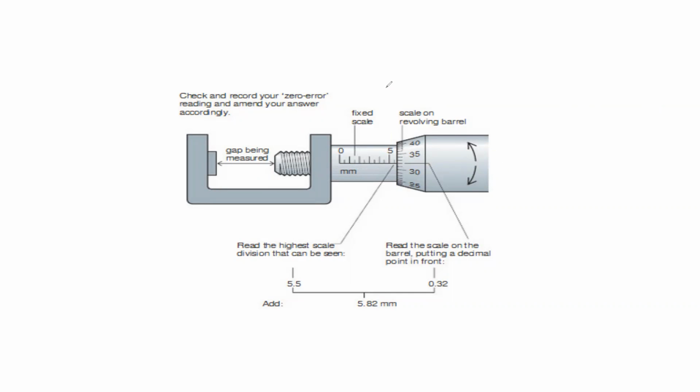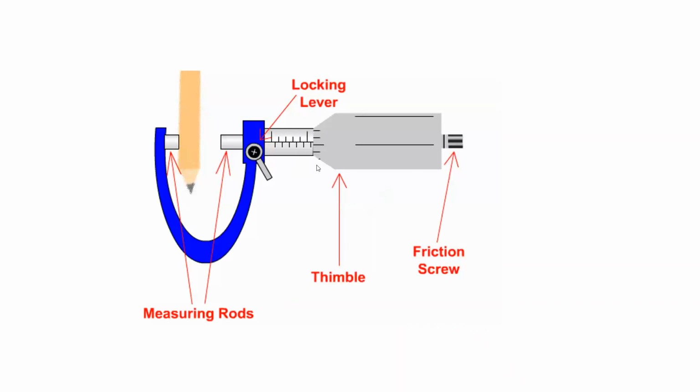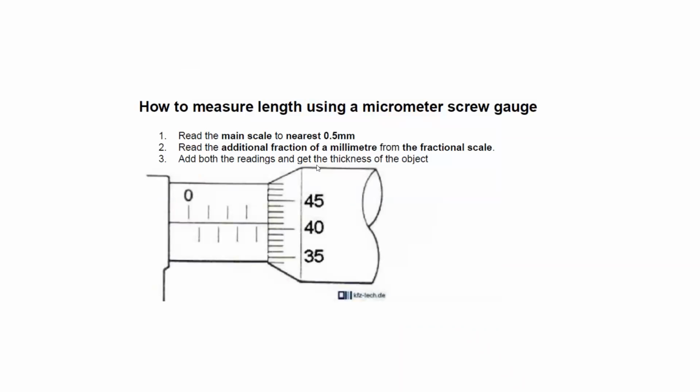So there is also an error in a micrometer which we call parallax error, due to the wrong position of the eye.